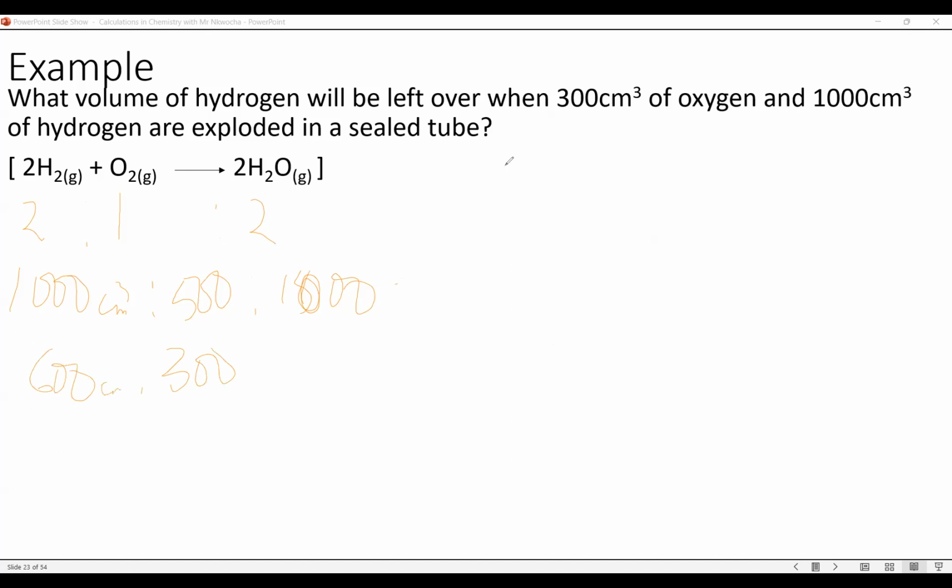So that means I cannot use all the hydrogen. The question is, how much will be left over? We'll be leaving 400. That's 1,000 minus 600, which gives about 400. Okay, what is the total volume at the end of the reaction?